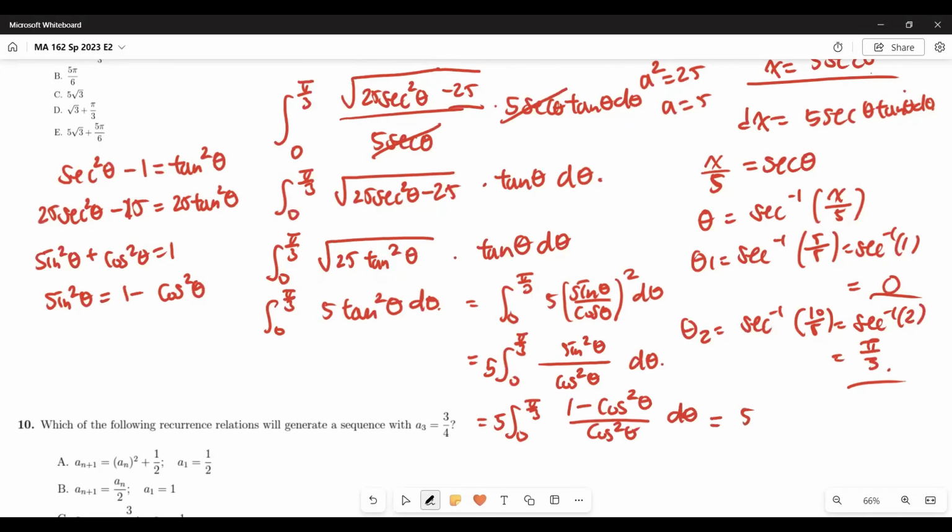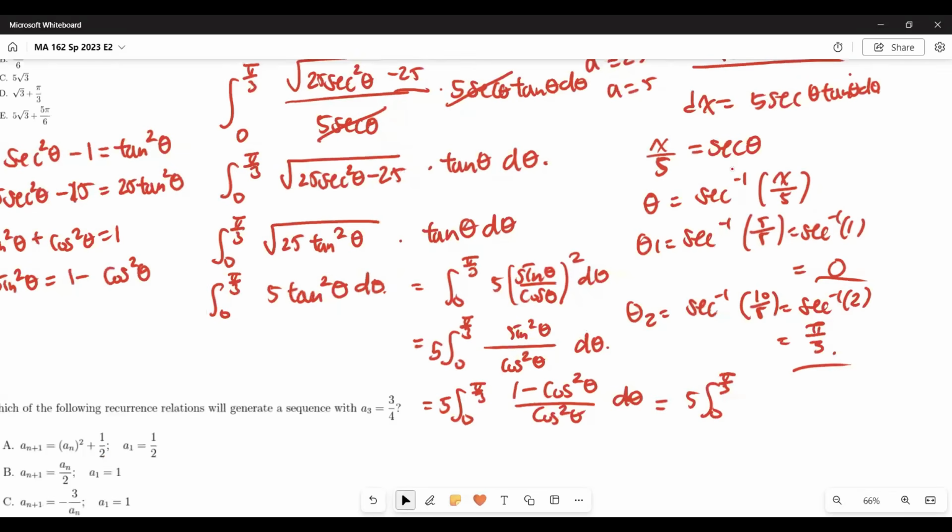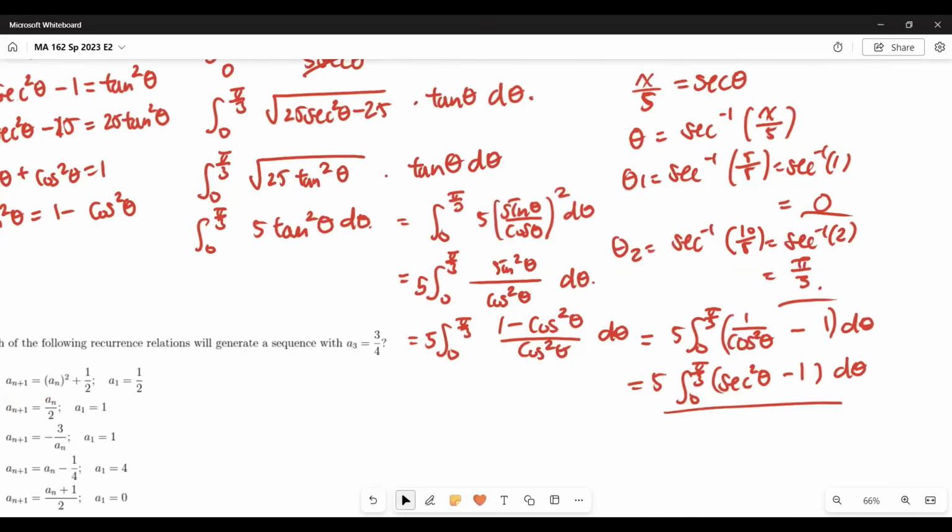So this is 5, 0 to pi over 3, 1 over cosine squared theta minus 1 d theta. And 1 over cosine squared theta is the same as secant squared theta, minus 1 d theta. And we know that the integral of secant squared theta is tangent theta, right? And the integral of 1 is just theta, so negative theta.